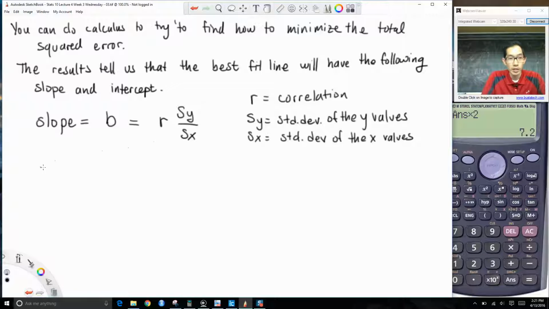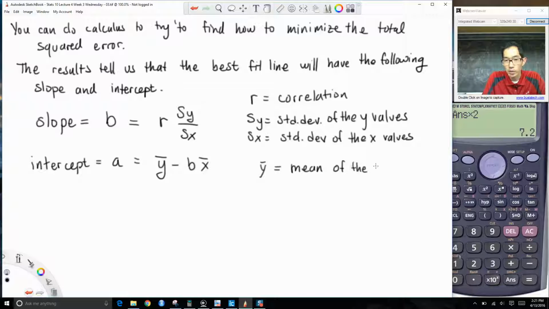As far as the intercept goes, A is equal to y bar minus b times x bar. y bar is the mean of the y values, and x bar is the mean of the x values. So you just need these 5 values to get the best fit line.